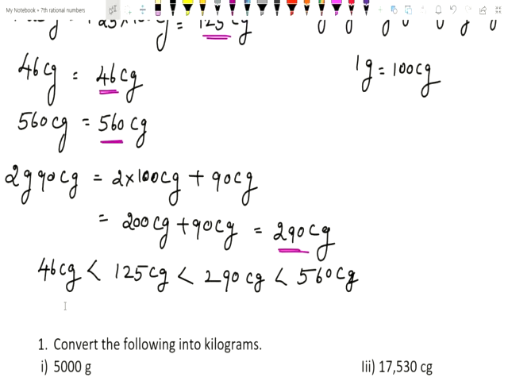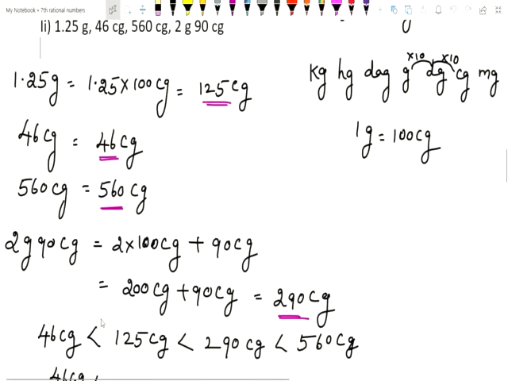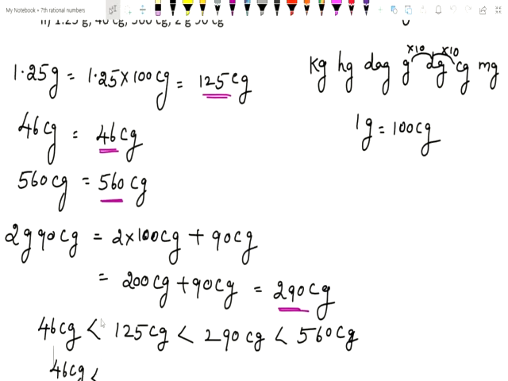What is the original form, children? 46 centigram, so in the question also 46 only. So 46 centigram, then 125. Which one did we convert to 125? 1.25 gram.